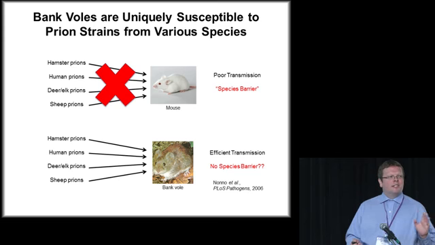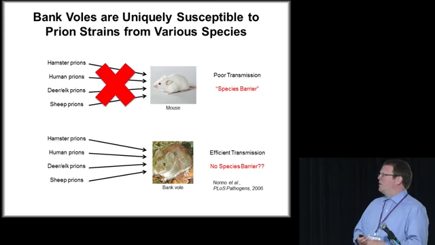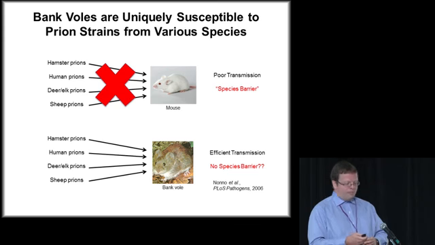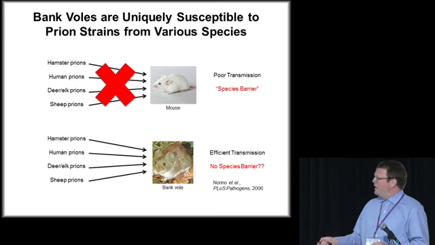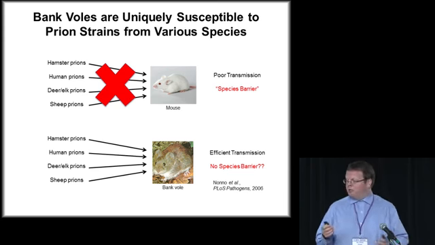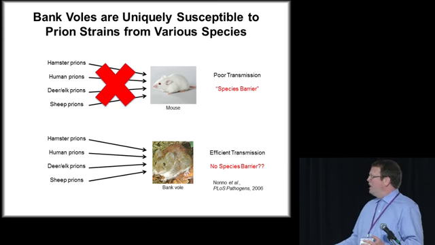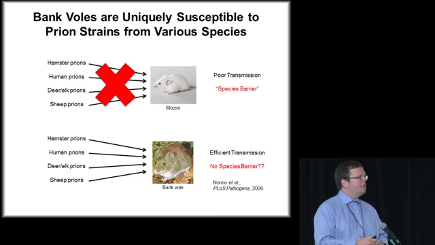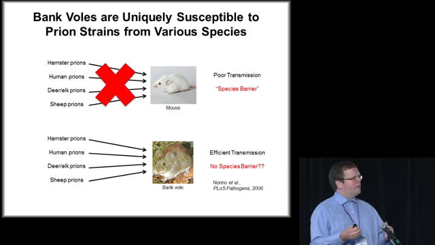The complete opposite of that is the bank vole. The bank vole is a rodent like a mouse that's found in Europe and in parts of Asia. And when you inject the bank vole with prions from lots of different species, but in particular human prions, you get efficient transmission, meaning that 100% of the animals that you inject develop disease, and the incubation periods are fairly short.